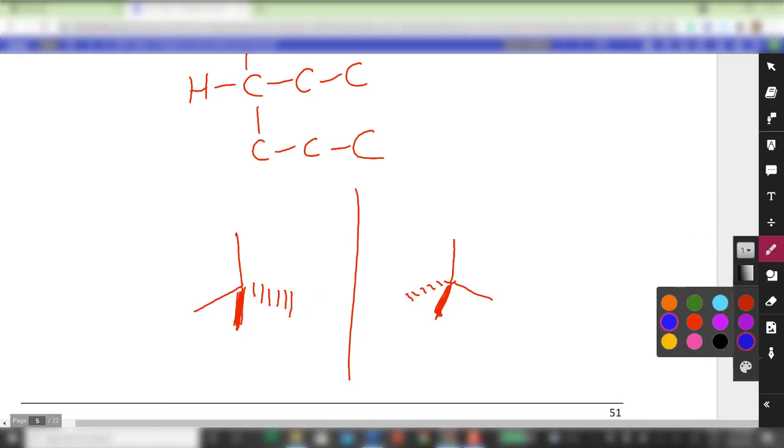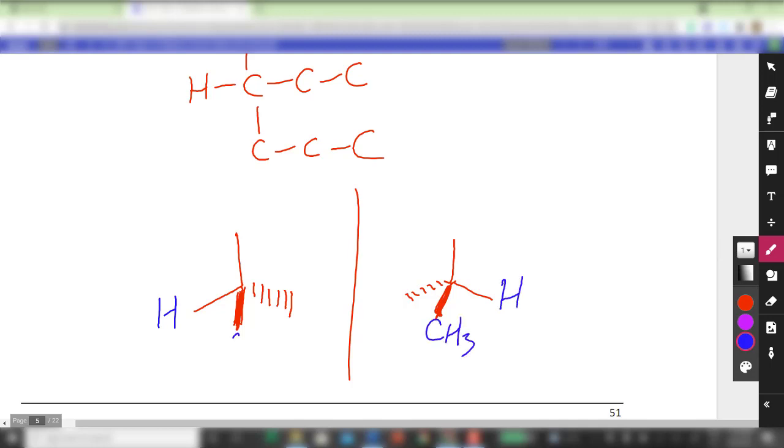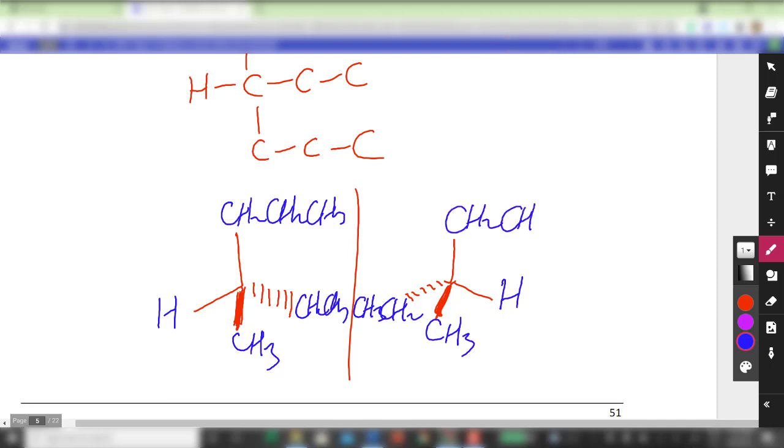I can just write this out as the H, and then this is the CH3, and then this is the CH3, CH2, CH2, CH3, and then this is CH2, CH2, CH3. Okay, yep.